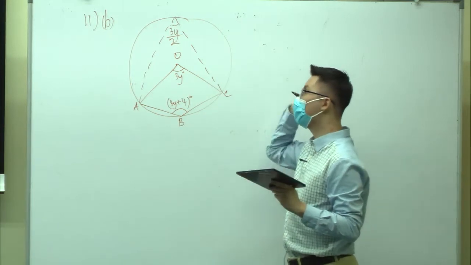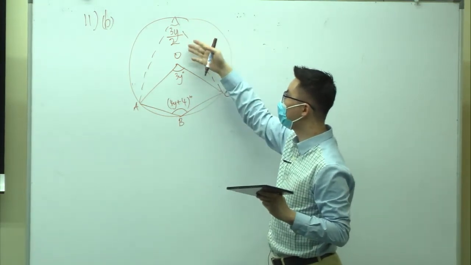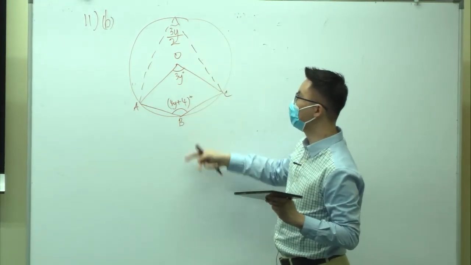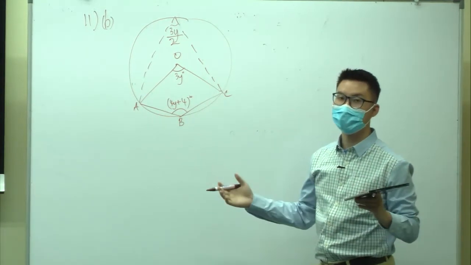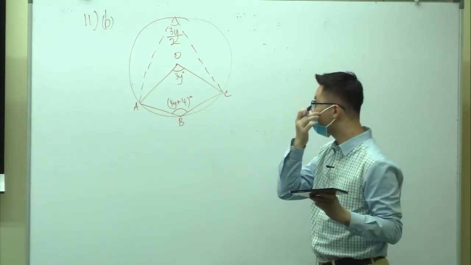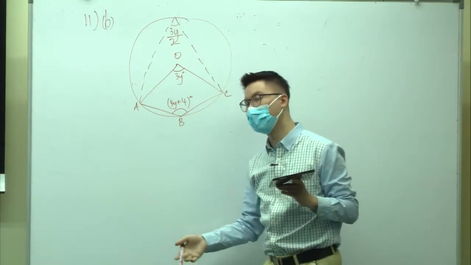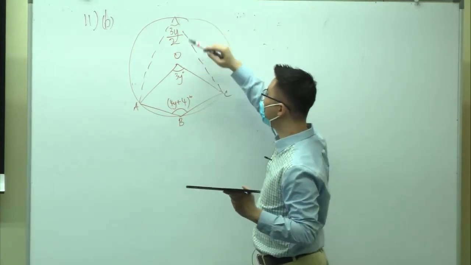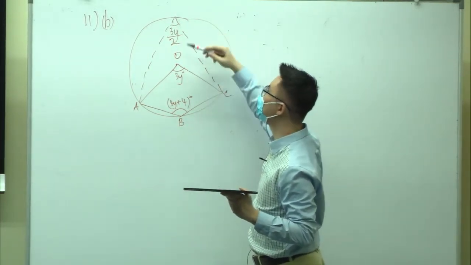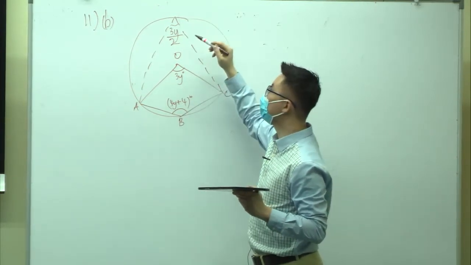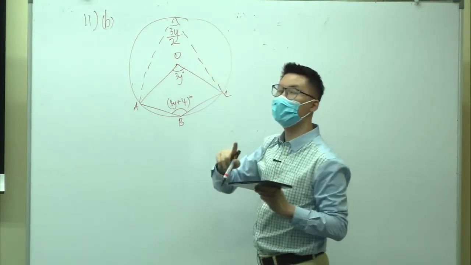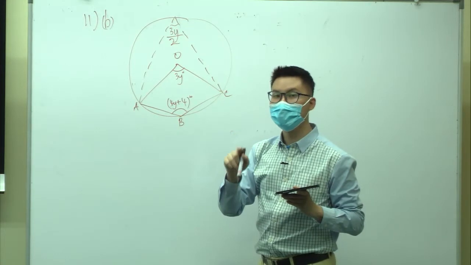After you get this, how can you relate it with this angle B so that we can form an equation? We need to apply another theorem: the opposite angles of a cyclic quadrilateral add up to 180. You should already know this.